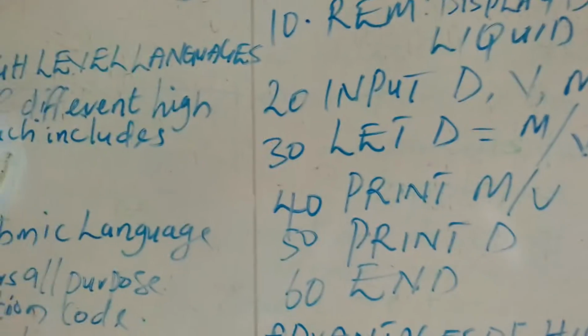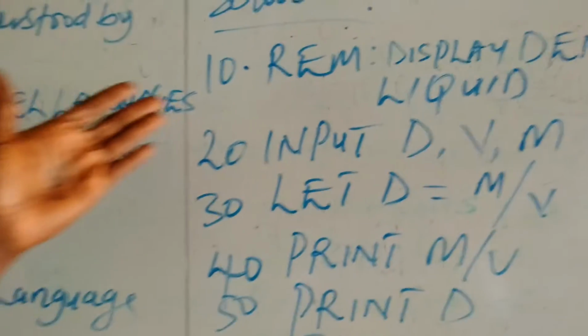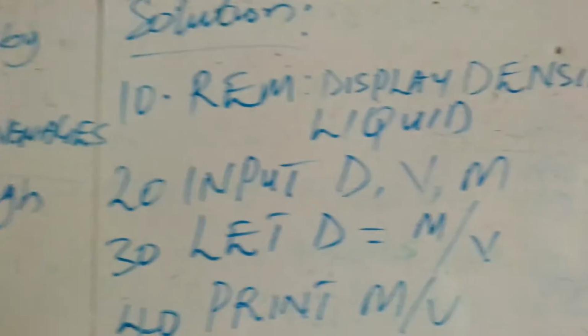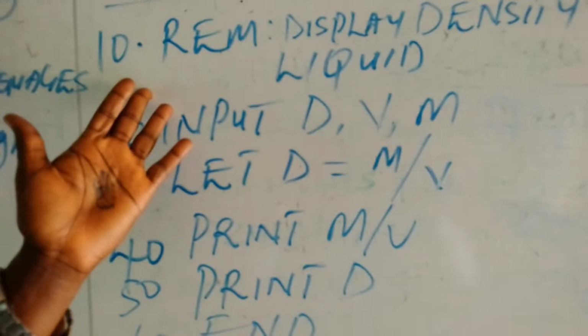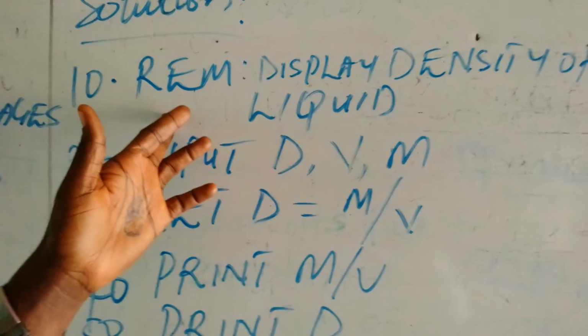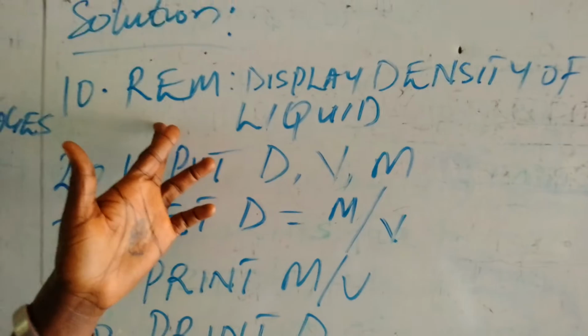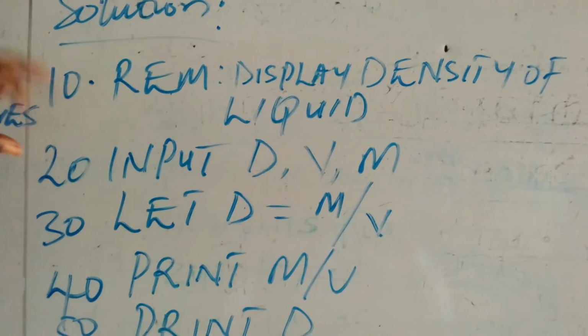Now, let's move over to the program. I said that BASIC is case sensitive in the sense that all BASIC line instructions are written in capital letters. Here you have the first line statement, which says REM. The REM means what? Remark. And this is the line number.